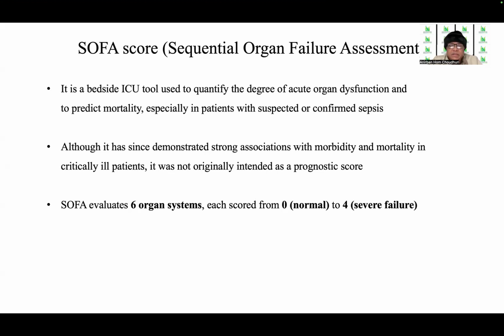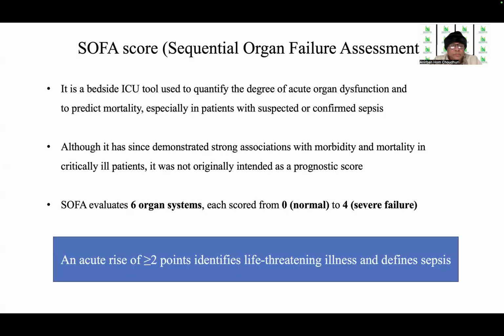Now, if we go by the history and into its origin, although it demonstrated strong association with morbidity and mortality in critically ill patients, it was not originally intended as a prognostic score. It was just a diagnostic score. It evaluates 6 organ systems, we all know that, each with a score ranging from 0 to 4, and therefore it has a maximum score of 24.